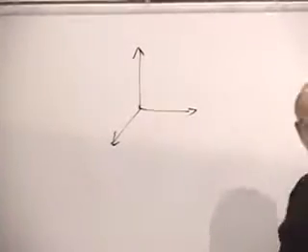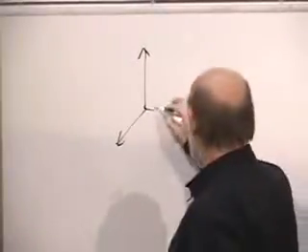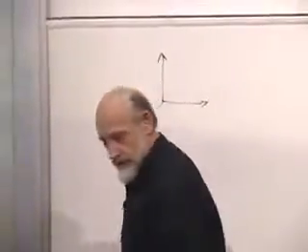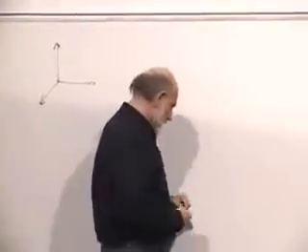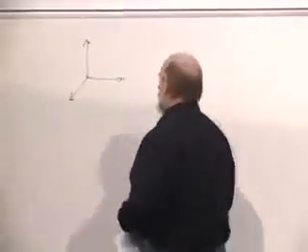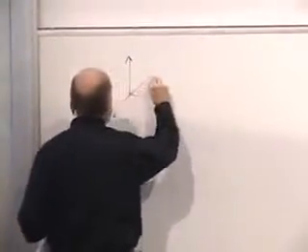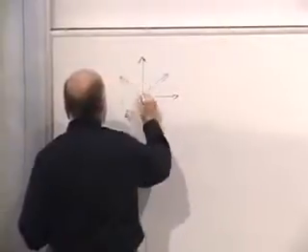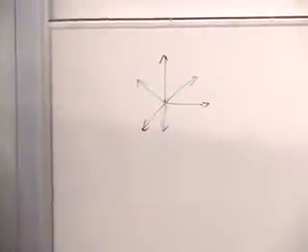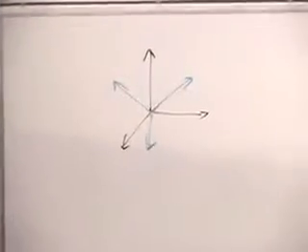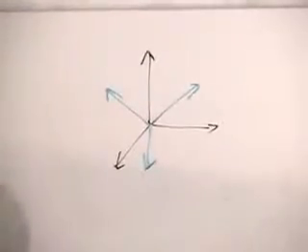There are other bases. Another basis, for example, would be, let's see if we have another color of chalk. Another basis might be tilted relative to this basis. These are intended to be all mutually orthogonal vectors, all of unit length, the blue vectors, in 3 dimensions.